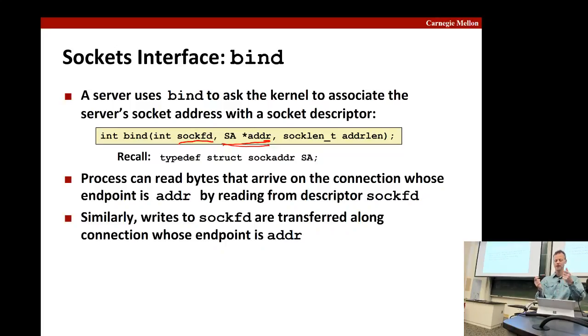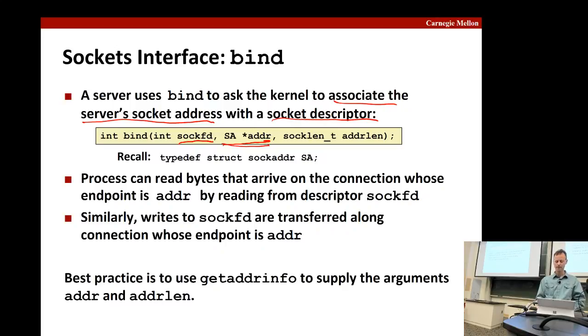Before this point, I just created this file descriptor, and I said it's going to speak IPv4, but I didn't say who it was going to talk to, and what was it connected to on my end. This does that association. You associate the server socket address with the socket descriptor.